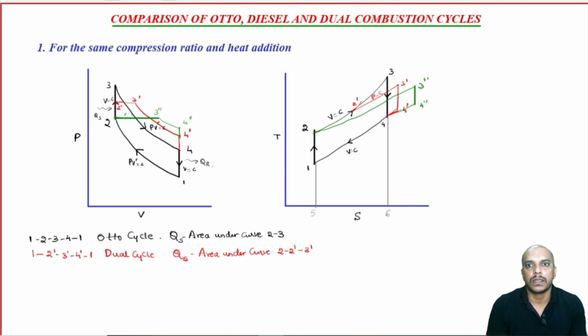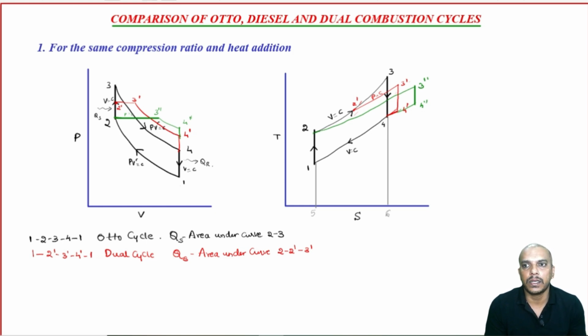Now, 4 double dash. We have moved it again towards the right in such a way that the heat addition remains the same. So, whatever area is lost here is compensated by moving the plot towards the right, such that the area under the curve of heat addition remains the same.